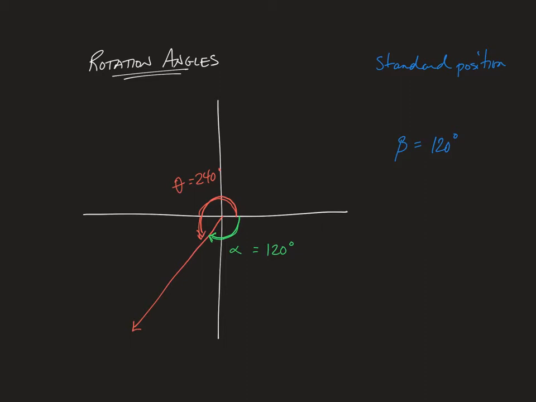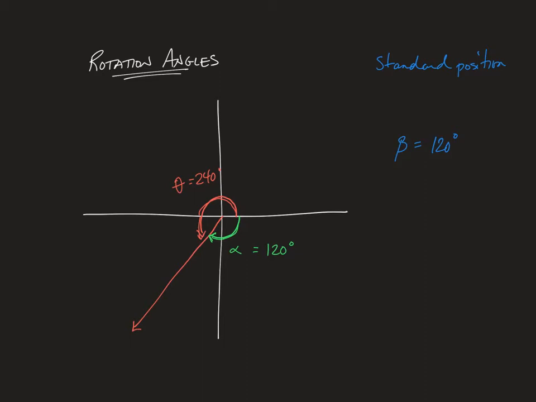Some people may follow the red rotation direction, and therefore angle beta would put our terminal arm in the second quadrant. Or maybe we follow the green rotation, and that would put our terminal arm in the third quadrant. So universally, we have to come up with the same language to make sure that our terminal arm ends in the same position always.